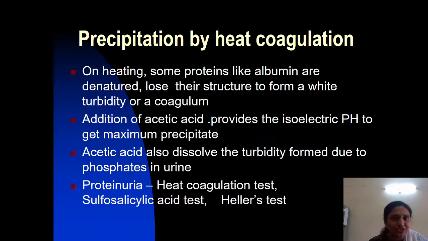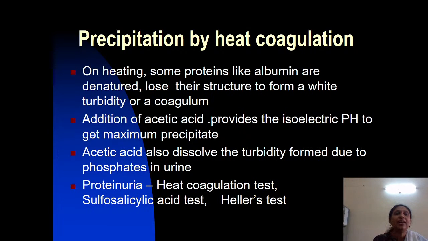So what is denaturation? Disorganization of the native protein. The primary structure, the amino acid sequence, is intact, but changes will be seen in the secondary, tertiary and quaternary structure of the protein.